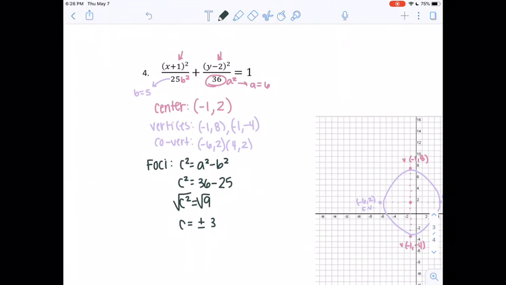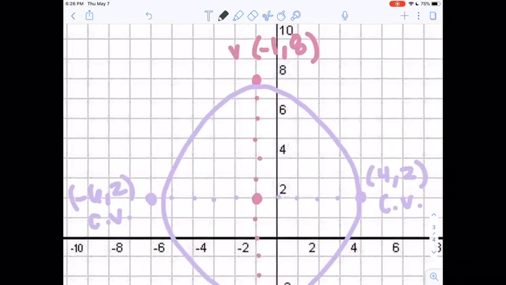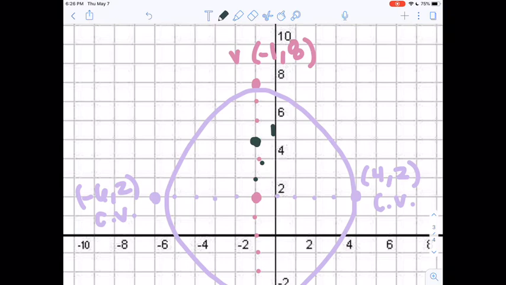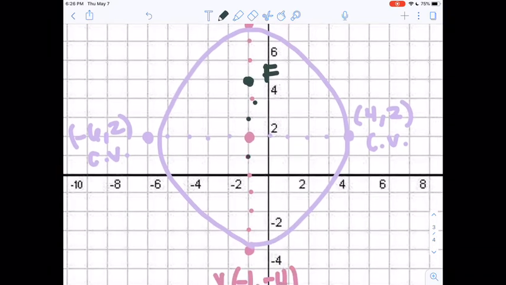Okay, but since my major axis is the one in pink going up and down, that is the y, right? So if I'm shifting up and down, I'm shifting along the y-axis. So what's going to be changing is the y value rather than the x value in this case. So from the center, I need to count 1, 2, 3. There's one focal point, down 3 from the center. There's my second focal point.